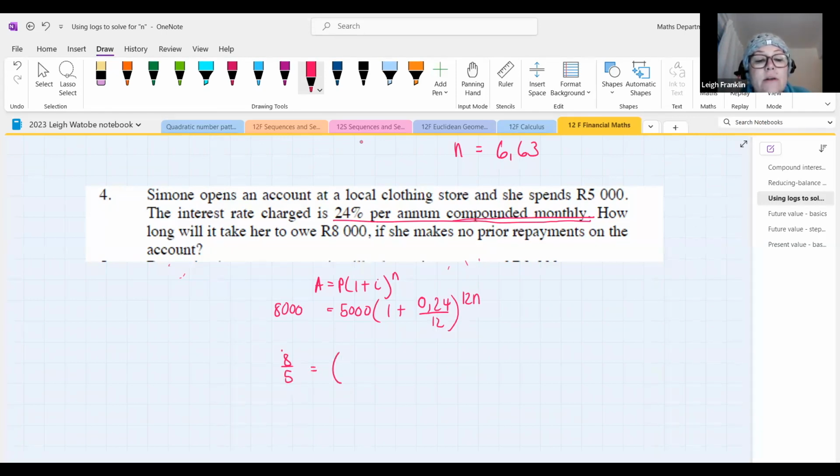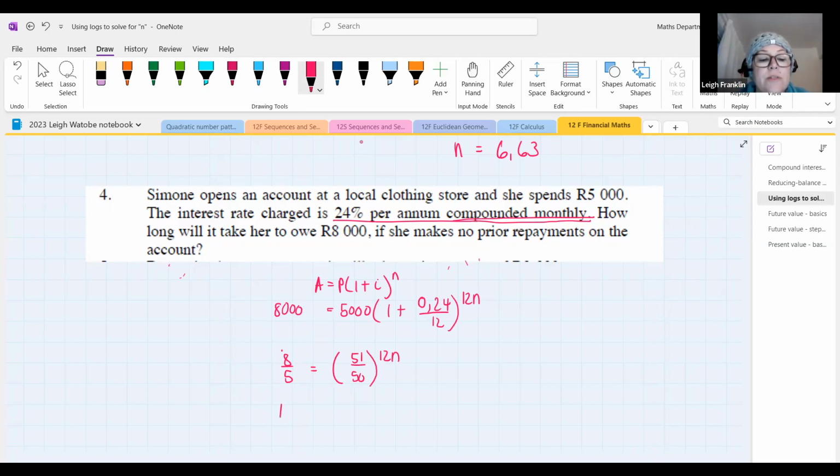On the right, I've got 0.24 over 12, which gives us 51 over 50. Which again, if you want to write as a decimal, you can, to the 12n.